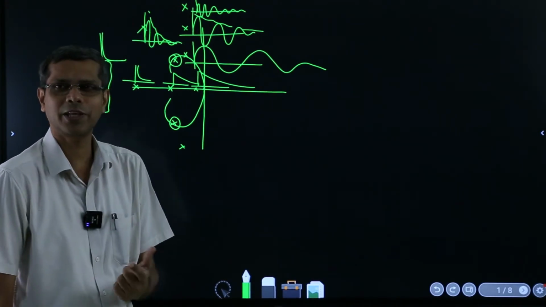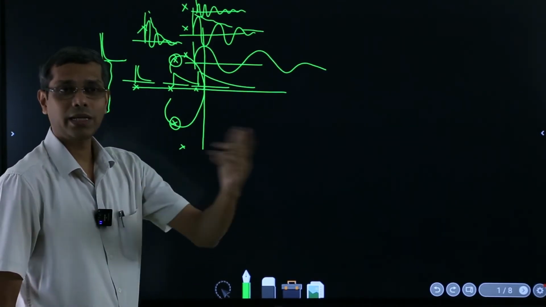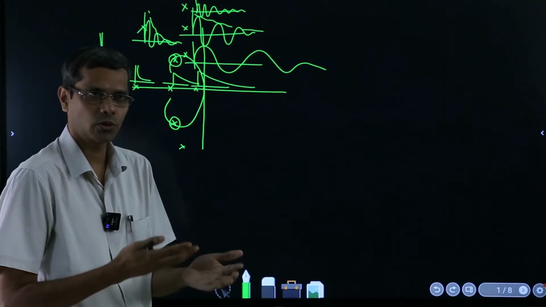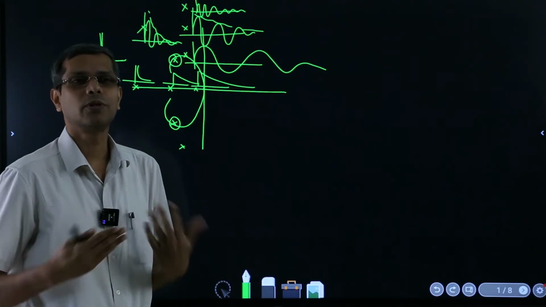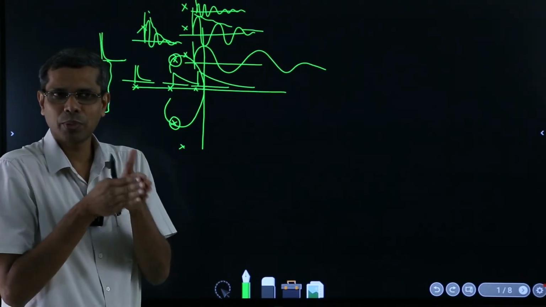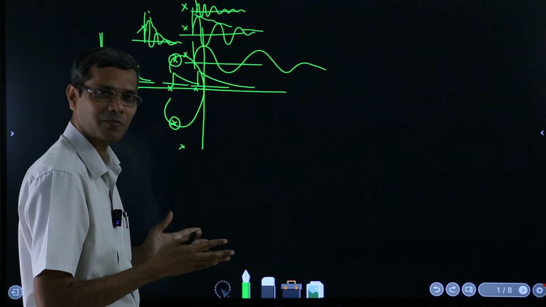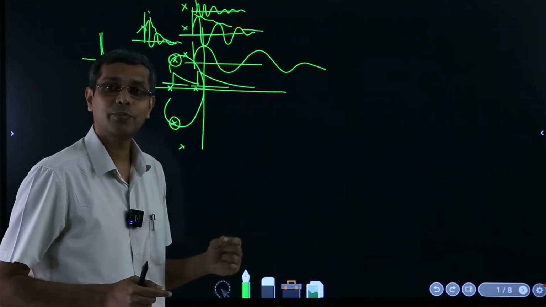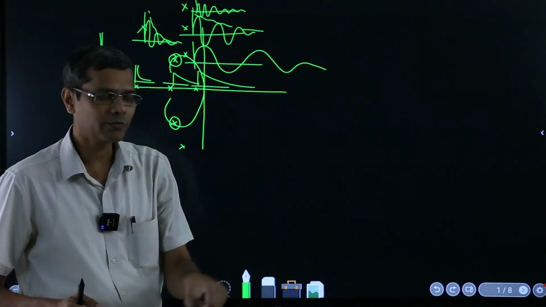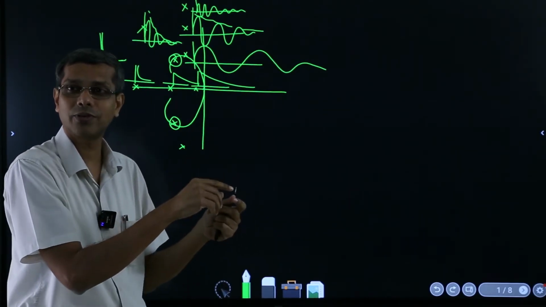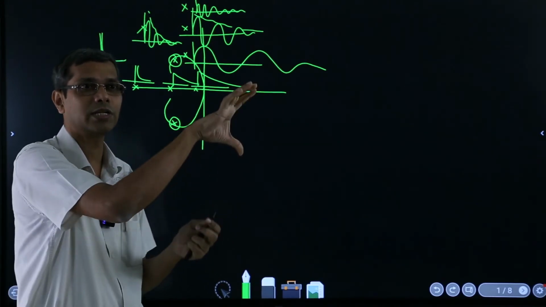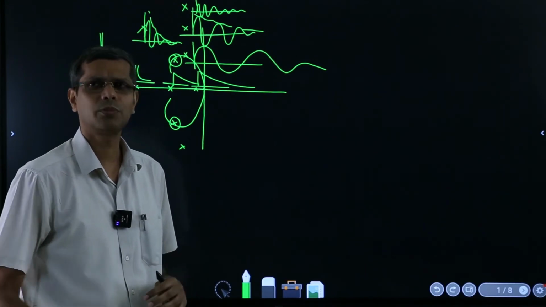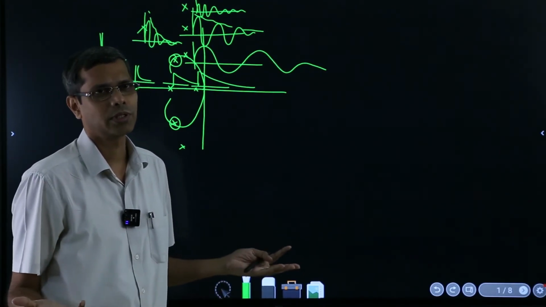And once you know the impulse behavior, you know the full response to any forcing function, you know how to do that, right? By convolution. Once you know the impulse response of the whole system, you can find out how the system will behave to an arbitrary forcing function, because any arbitrary forcing function can now be broken into impulses of different strengths, and then you sum them up to get the total response of the system to any arbitrary random forcing function.